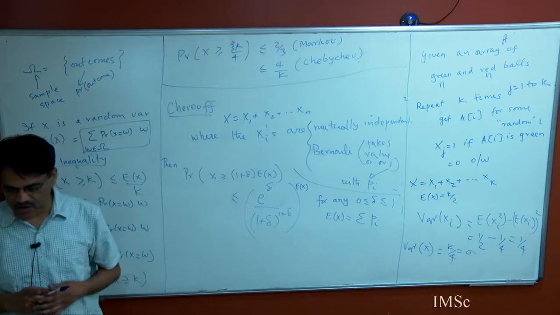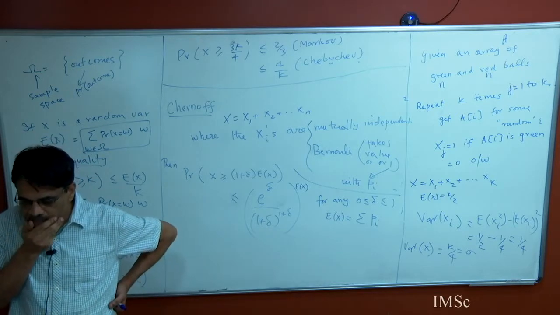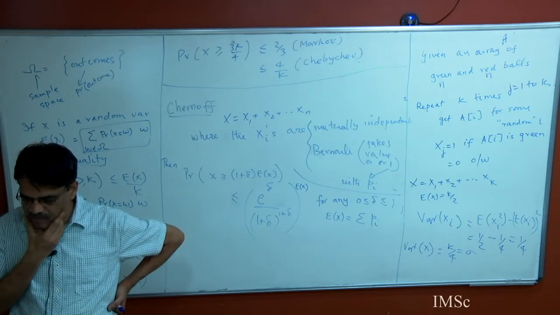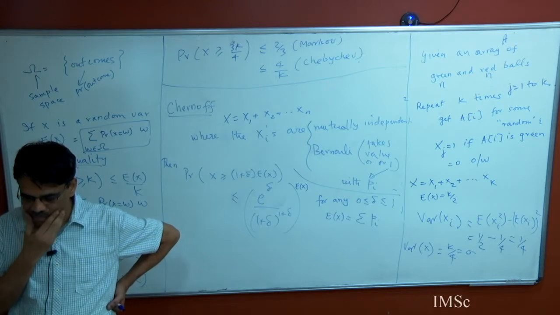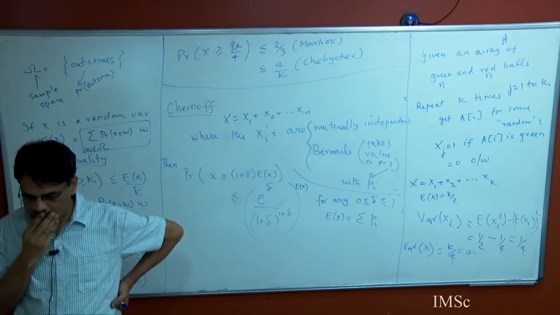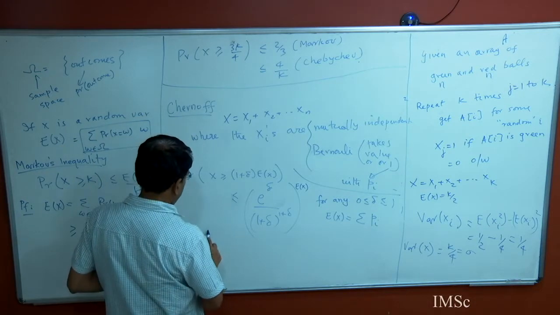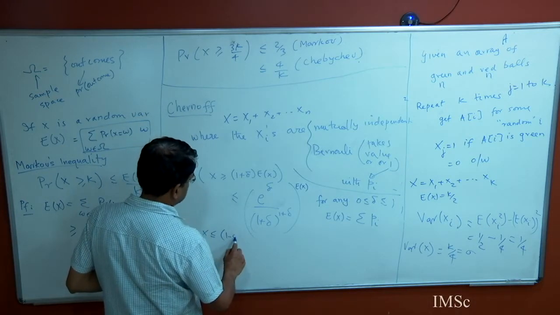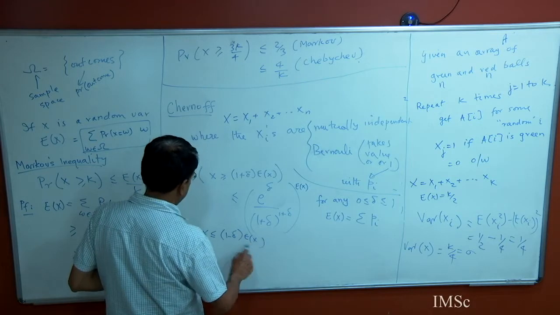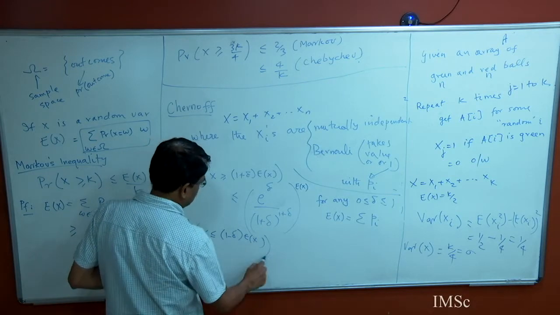Mu is the average or expectation. And there is also an analogous bound for x less than or equal to 1 minus delta times the expectation. Same thing.